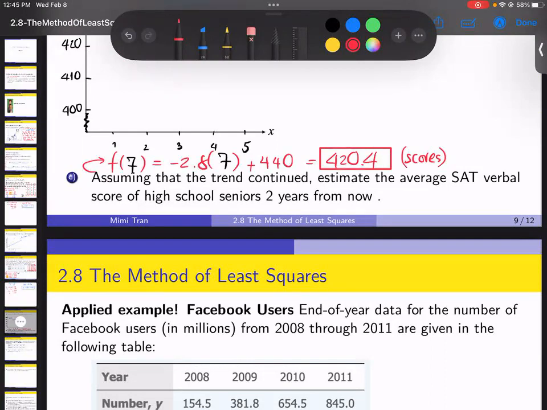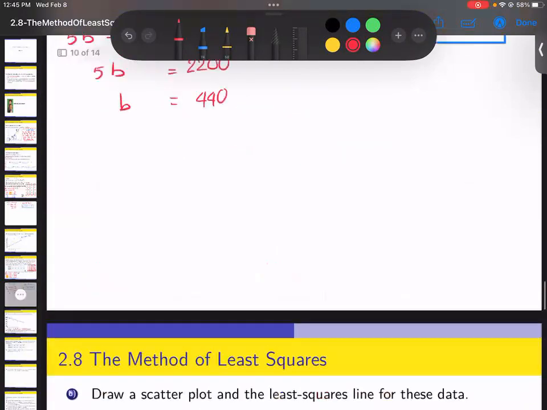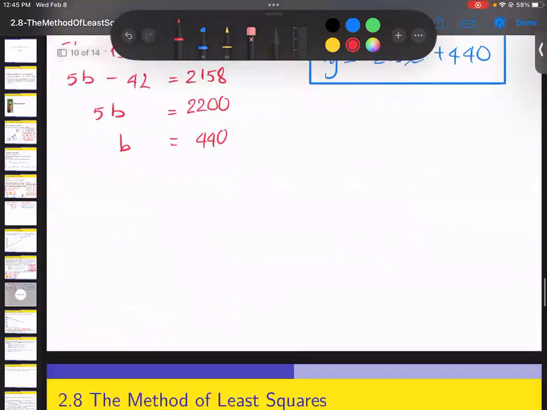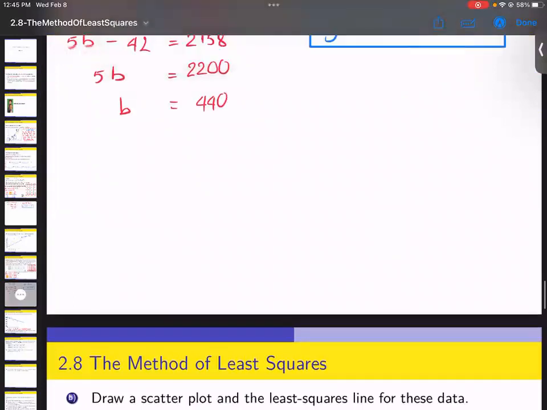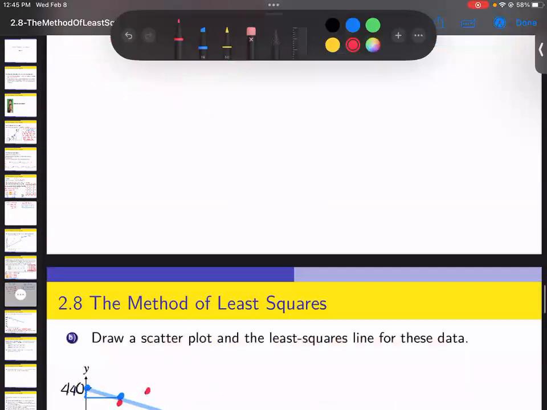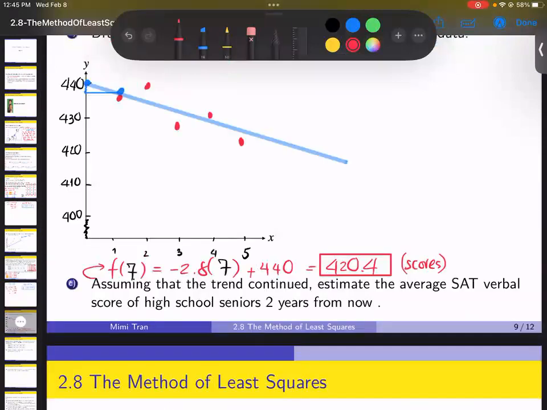They will be getting worse. I hope this is real data though. Goodness. I hope it's not Metro Detroit. Not good.